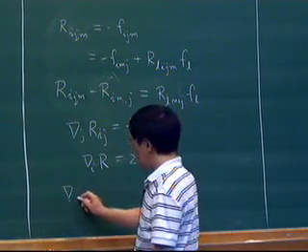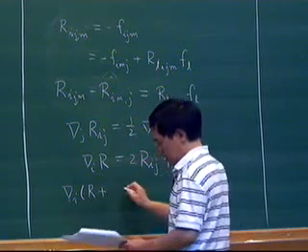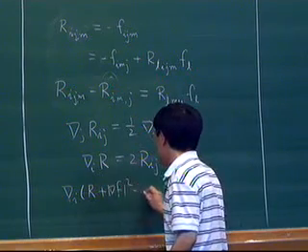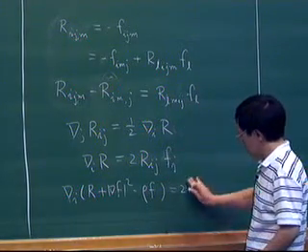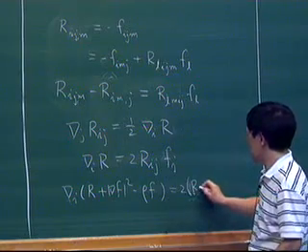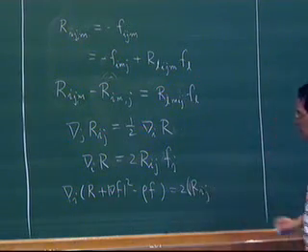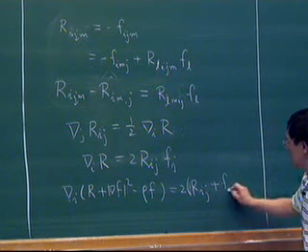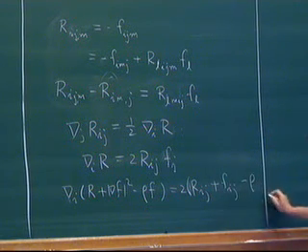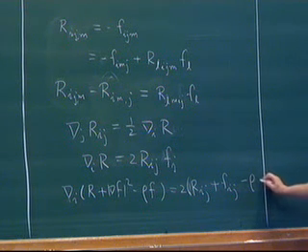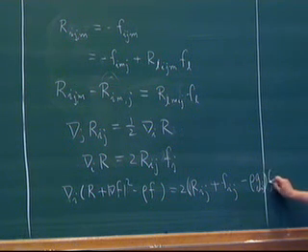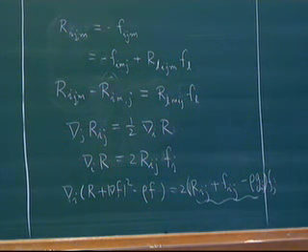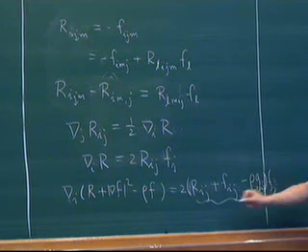So I have R plus gradient F squared plus F equals to IJ plus Fj rho Gij F J. So this is exactly the equation. So it's 0.